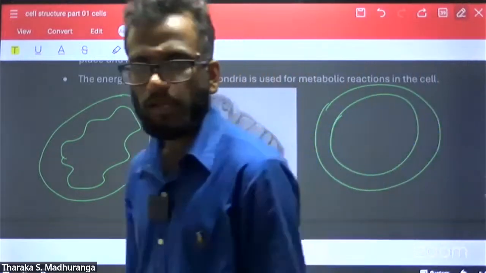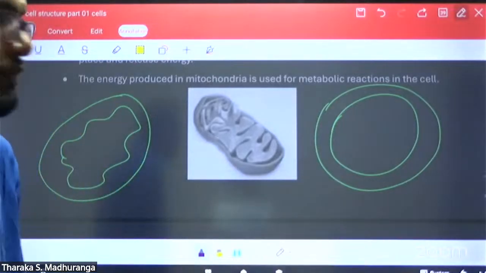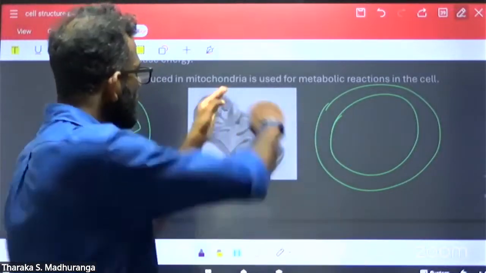Anyone? You can see the inner membrane has grooves.